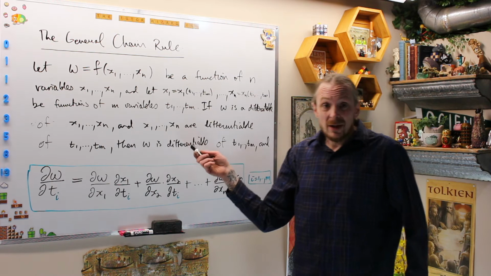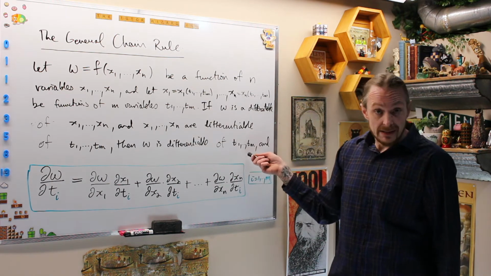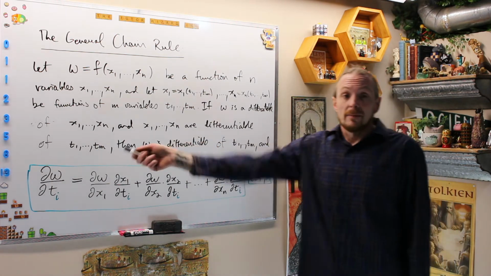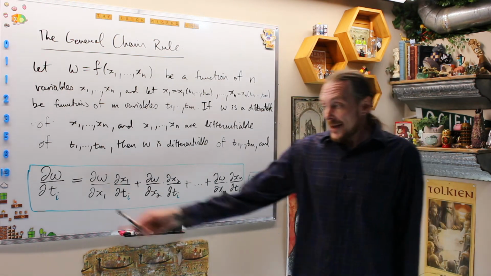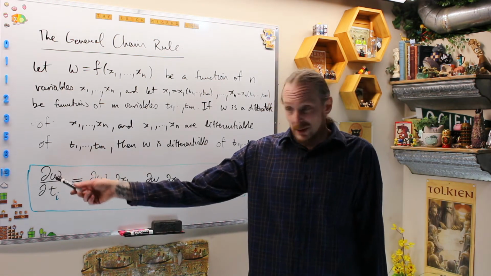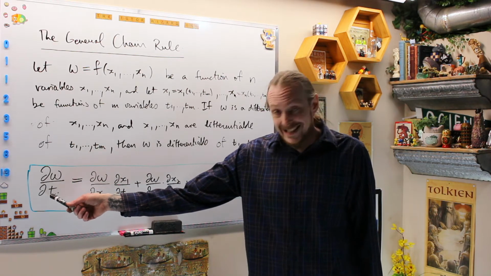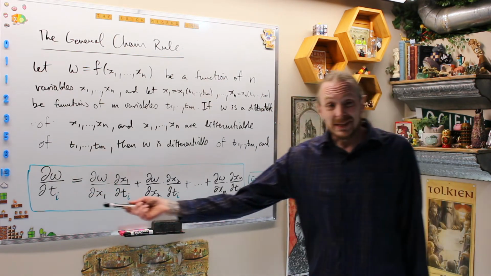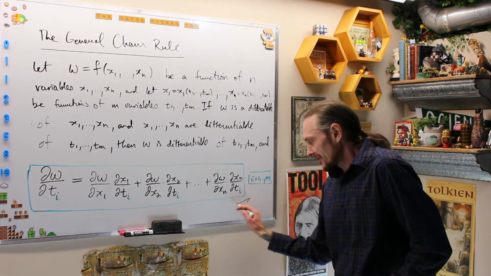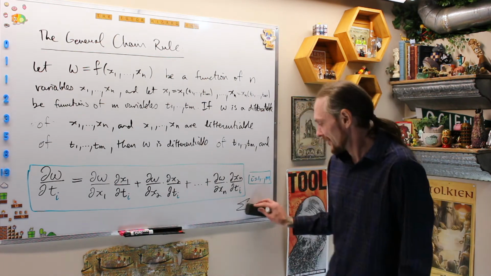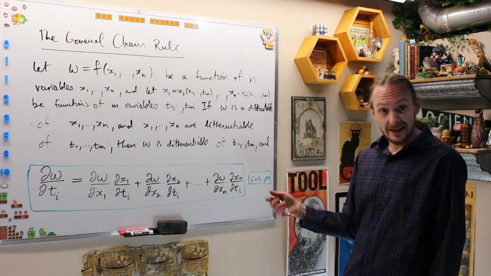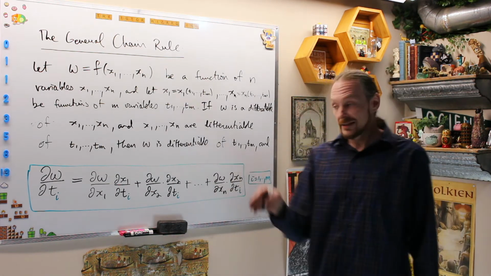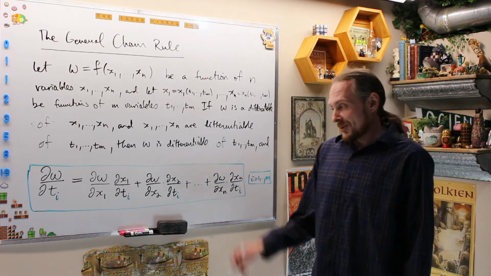Then w is also a differentiable function of the second set of variables, and by the chain rule, or the general chain rule, we have that the ith partial of w with respect to ti is going to be now this sum. We could also write it as this guy, but I'll spare you. And in Einstein's notation, we drop the i equals 1 to n and just know that we've been summing these. So we won't do that.